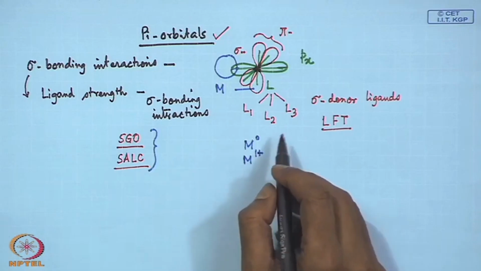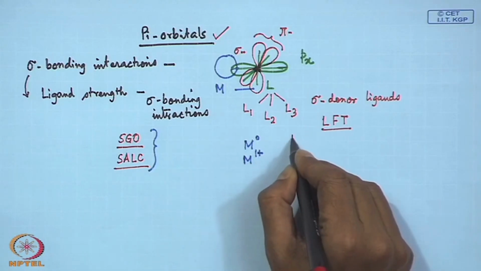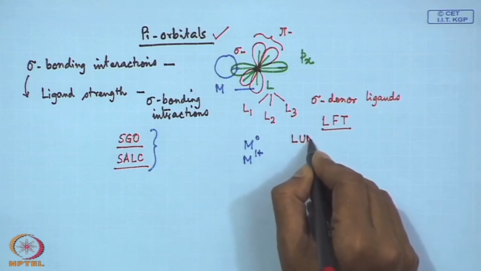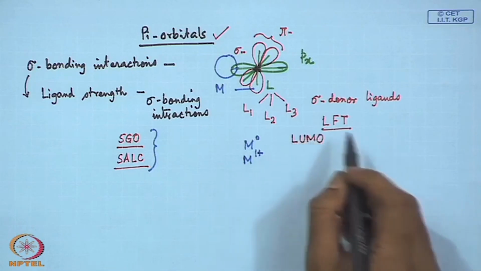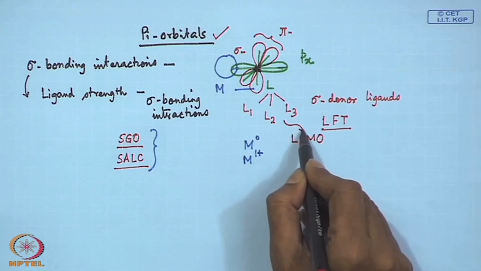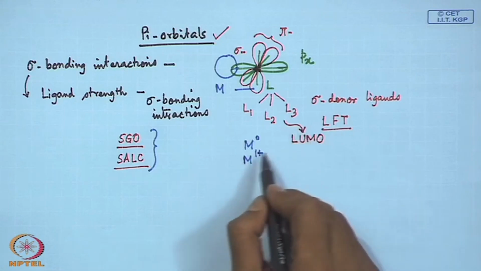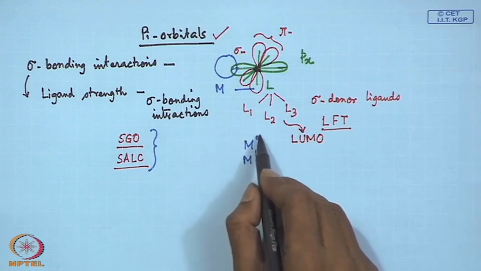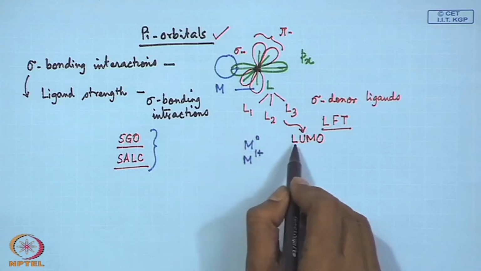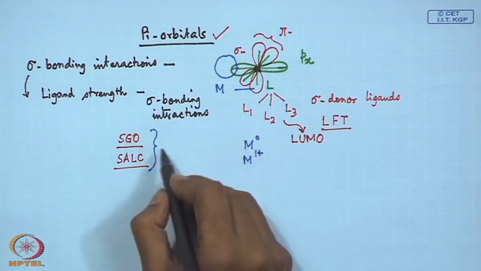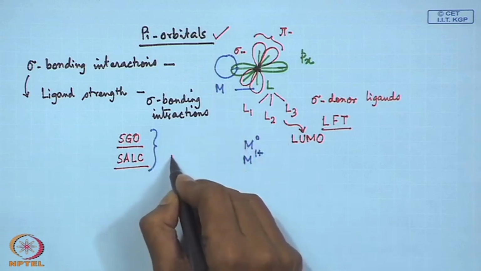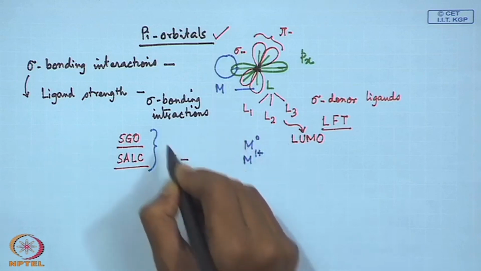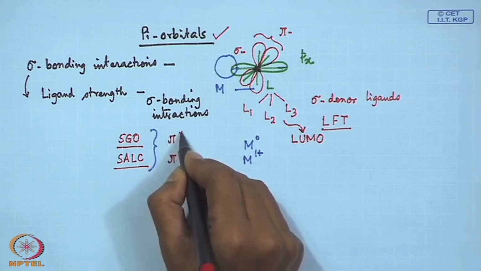Then, if there are vacant orbitals, that means lowest unoccupied molecular orbitals, available from the ligand side, we can get an interaction where the electron density or charge density from the metal side is transferred to the ligand side. Similarly, here we will also consider this for the interaction at the pi as well as the pi star level.